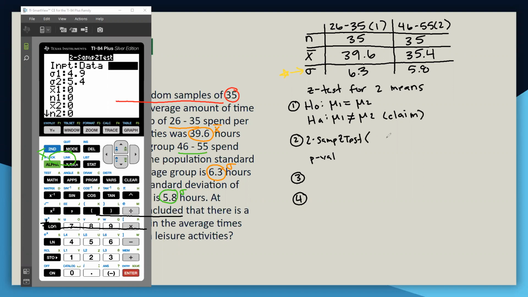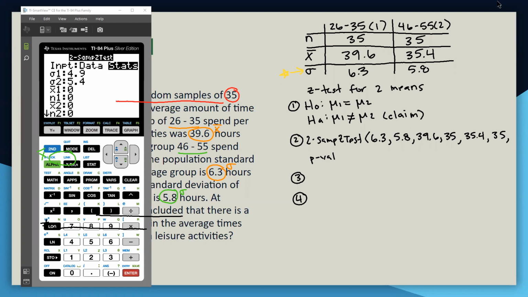And then it's asking for sigma 1, 6.3, sigma 2 is 5.8, x bar 1 is 39.6, and n1 is 35. x bar 2 is 35.4, and n2 is 35.